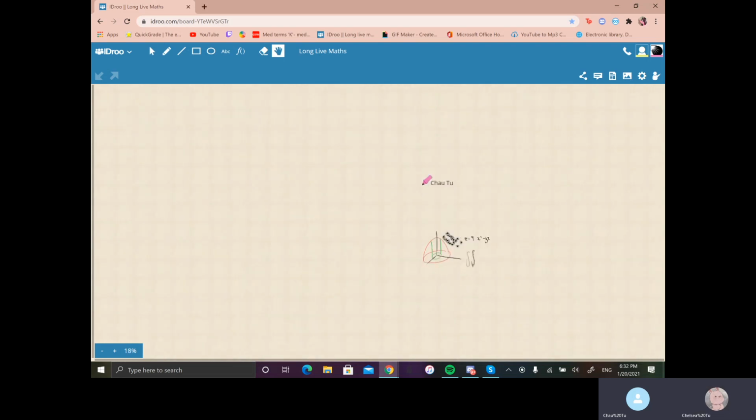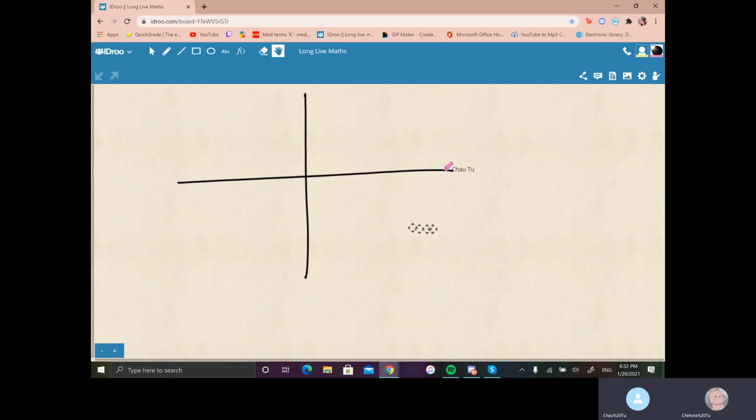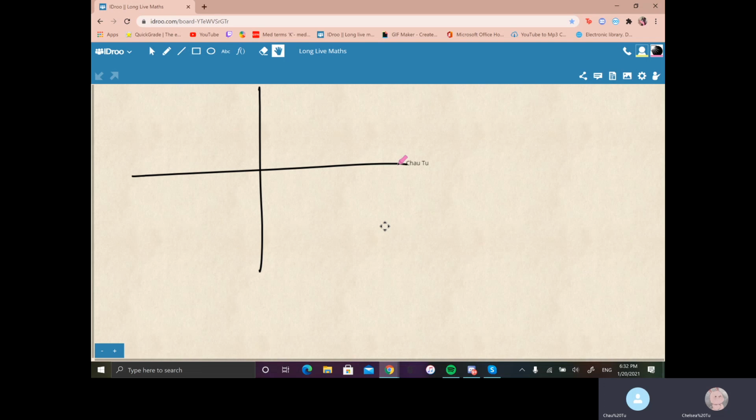Okay, so let's say, hang on, let me clear the board. Can you see what I'm writing? Yeah. Okay, so let's say you've got a sphere of radius 10. What's the biggest cone that you can fit in that sphere?